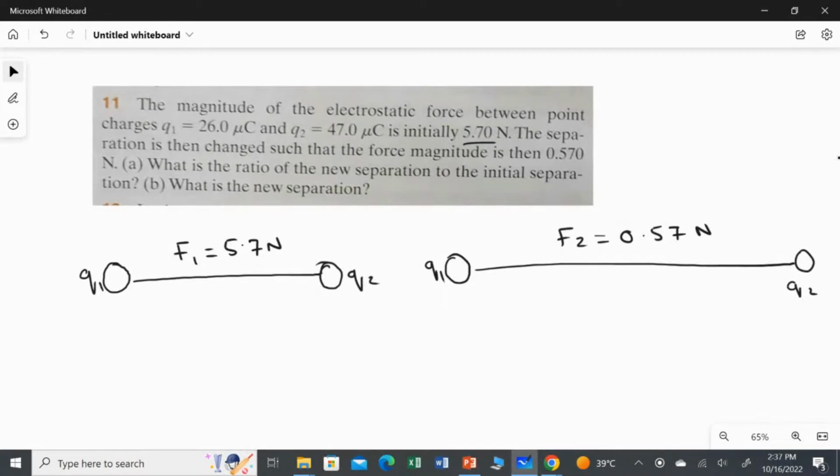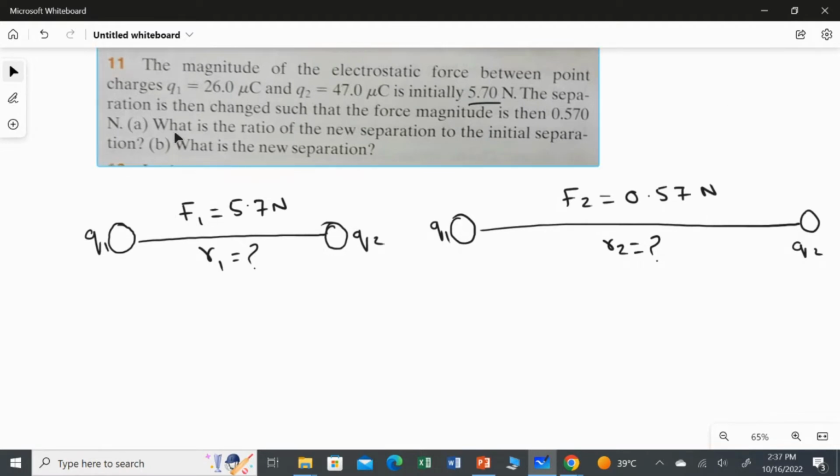We don't know what the distance is, so I can take the first part as R1. Likewise, for the second part, after you change the separation, we don't know the distance. But we have the values of charges Q1 and Q2 as 26 microcoulomb and 47 microcoulomb. Now we have to find two answers.